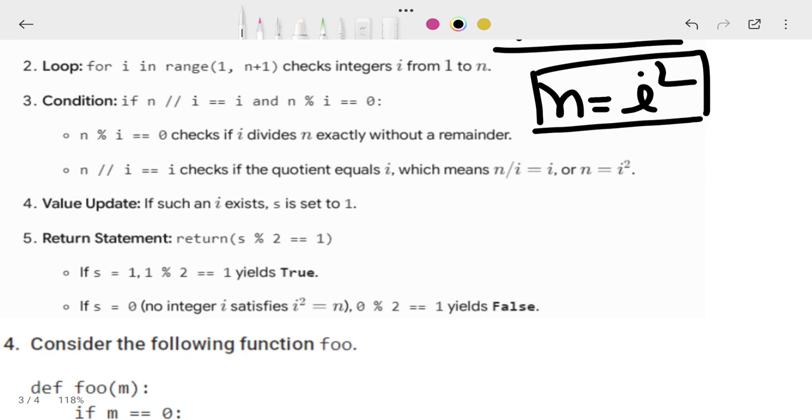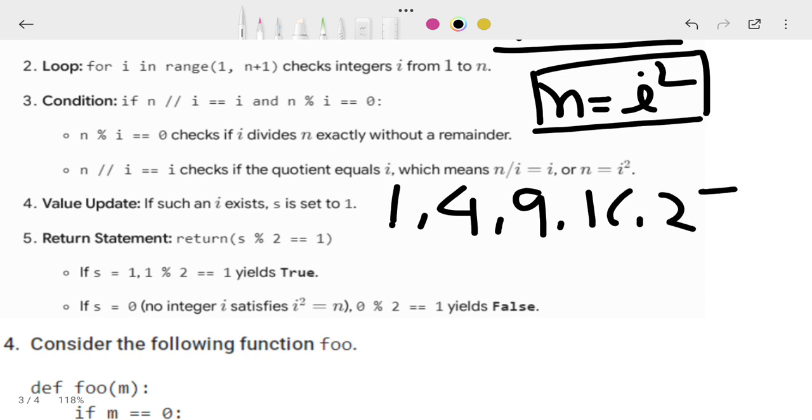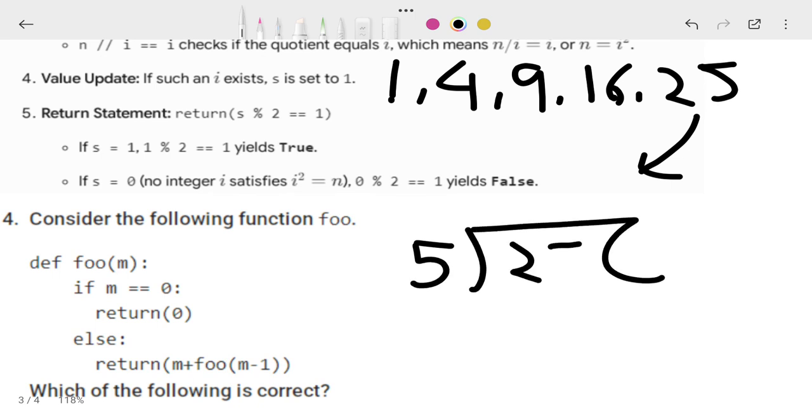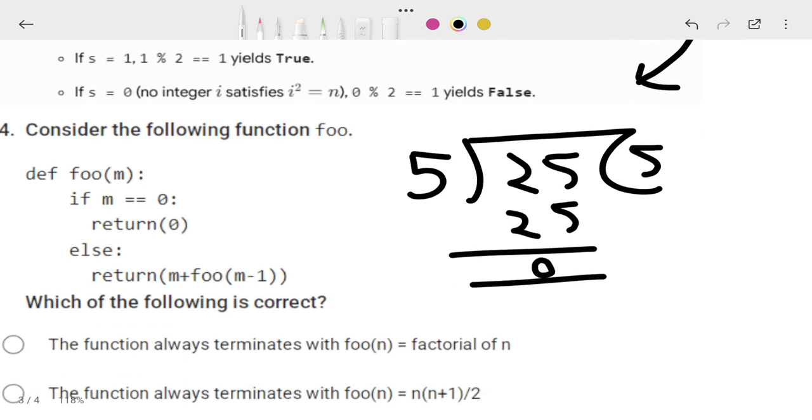What are the perfect squares? 1, 4, 9, 16, okay, or 25. These are the perfect squares. I am writing only some examples. Suppose I am taking this example. Now see here, if you divide 25 by 5, 5 fives are 25, remainder is 0. So what is the meaning of this?